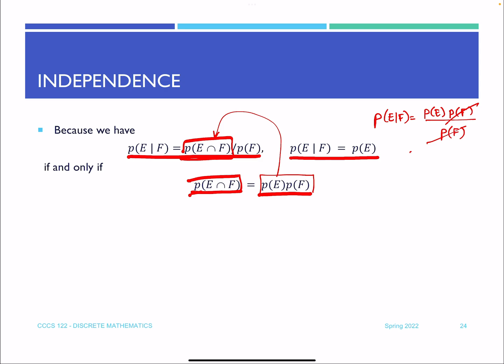These will cancel out and you'll end up with the probability of E. So the probability of E given F is equal to the probability of E. This is an implication of independence.